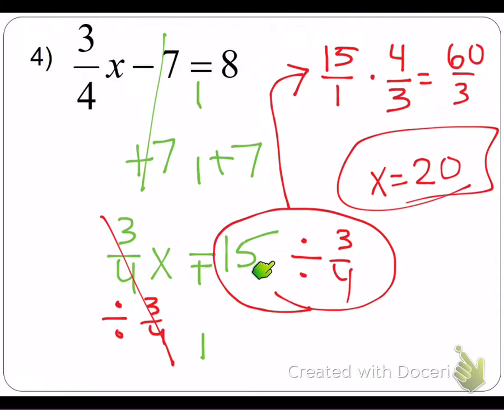Again, if you want to type it in, 15 divided by 3 ABC4 equal sign. The calculator will do all the multiplying and flipping for you. If you're doing it by hand, you need to flip it, multiply both sides by the flipped fraction. So 15 over 1 times 4 over 3, 60 over 3, which reduces to 20. Lots happening here. Any questions?